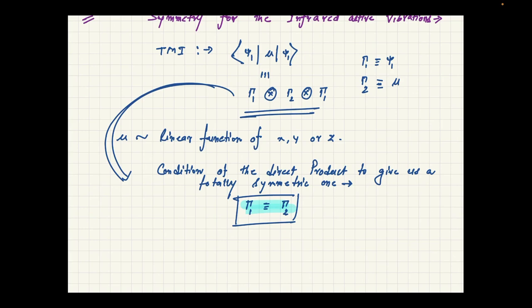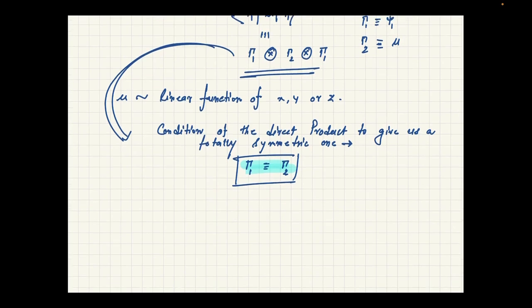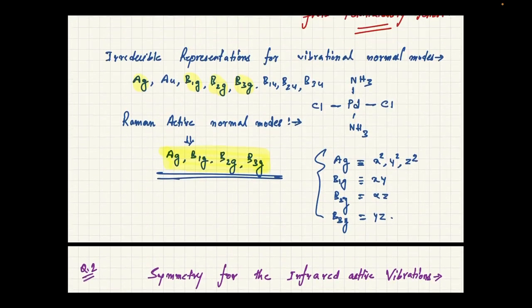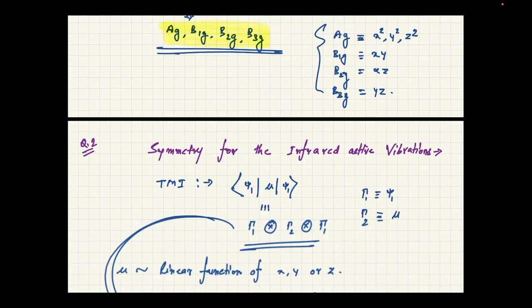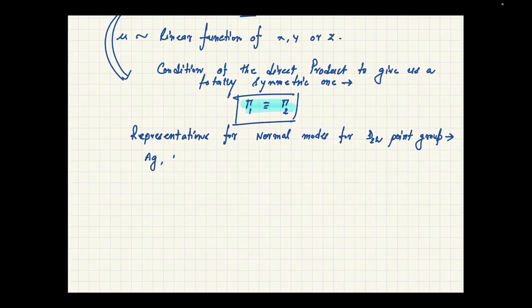Okay. So from the last question, the irreducible representations for normal modes for the D2H point group are AG, AU, B1G, B2G, B3G, B1U, B2U and B3U, right?